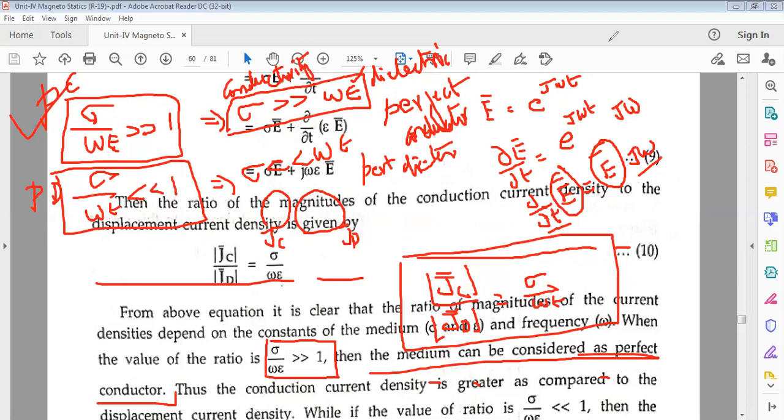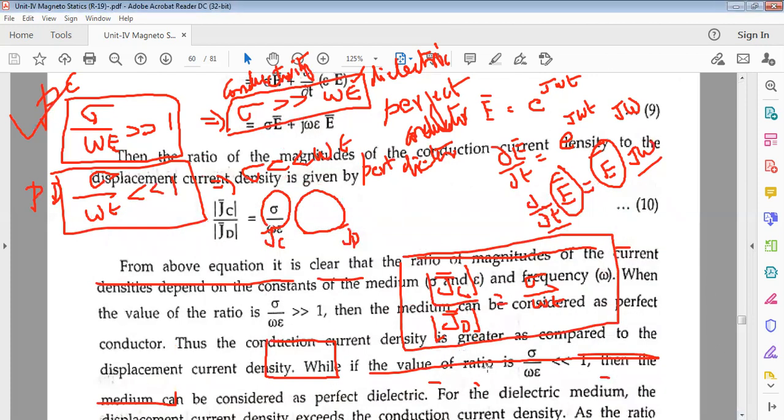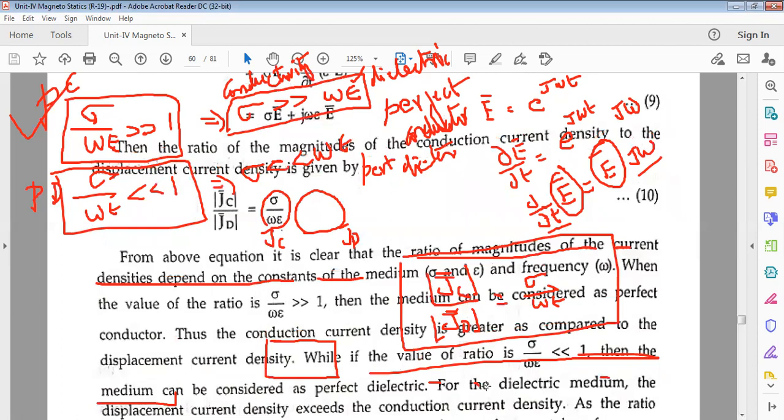While if the value of the ratio sigma by omega epsilon is very much less than 1, then the medium can be considered a perfect dielectric. For a dielectric medium, the displacement current exceeds the conduction current density.